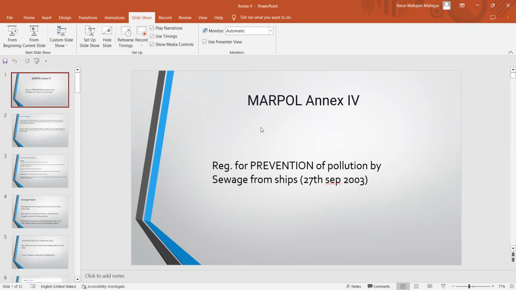Okay, we'll start now. Annex 4 is the Regulation for Prevention of Pollution by Sewage.